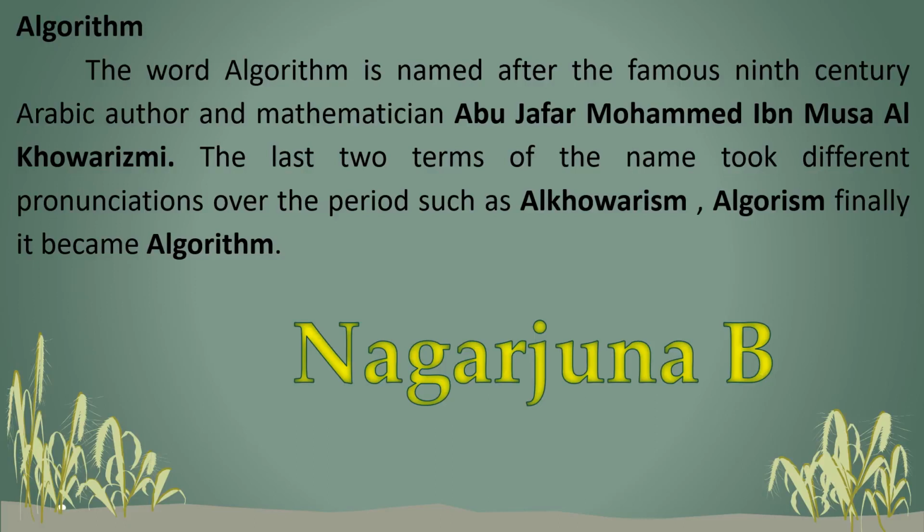Finally, it became algorithm, and today we call it by the name algorithm. This was named after the Arabic author and mathematician whose name is Abu Jafar Muhammad ibn Musa al-Khwarizmi.